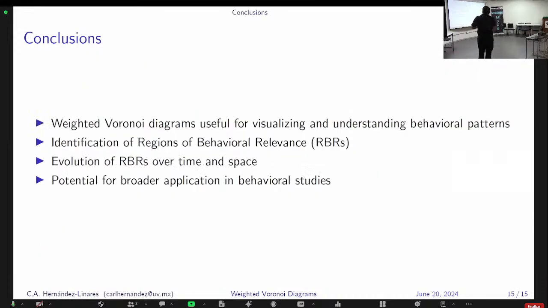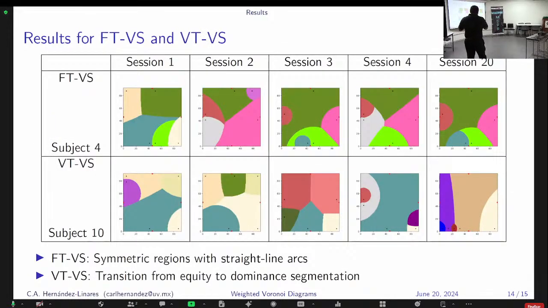Finally, we can show that this concept of the Voronoi diagram can be useful to study the movement of a subject.